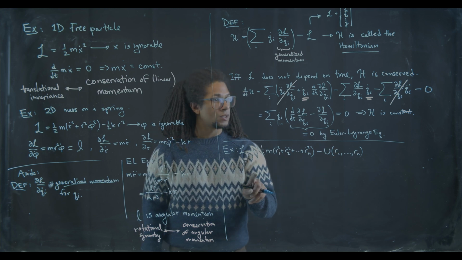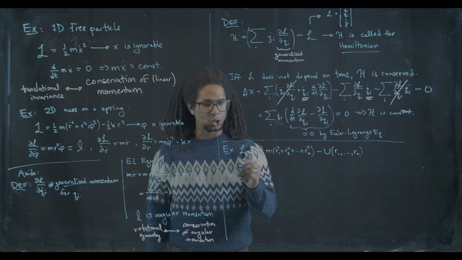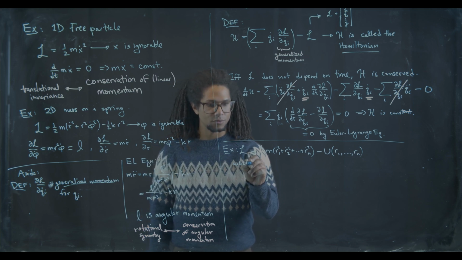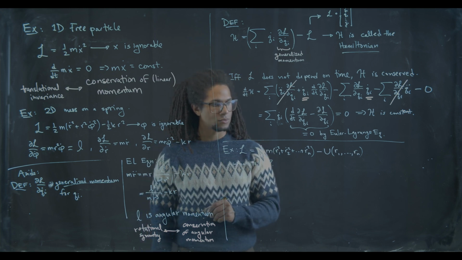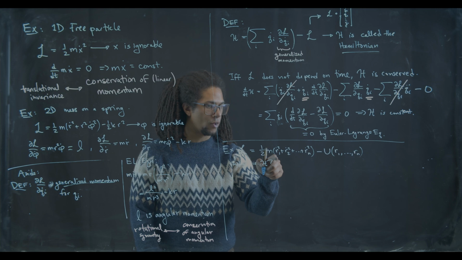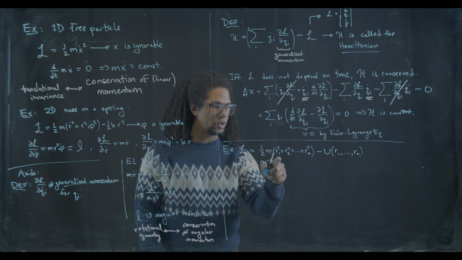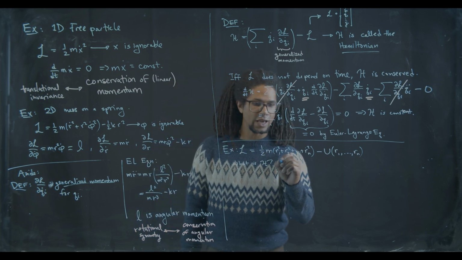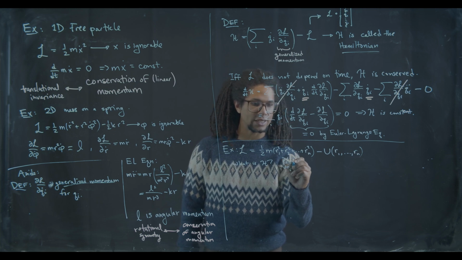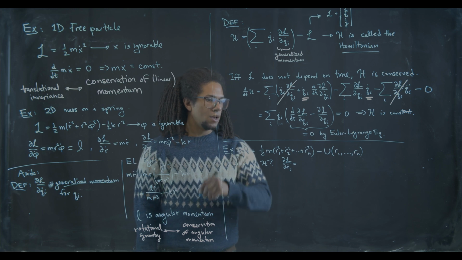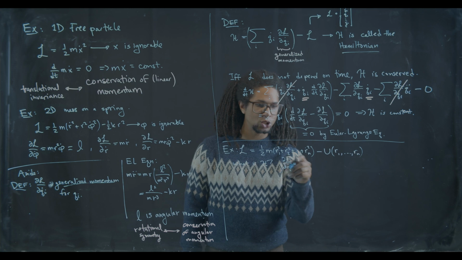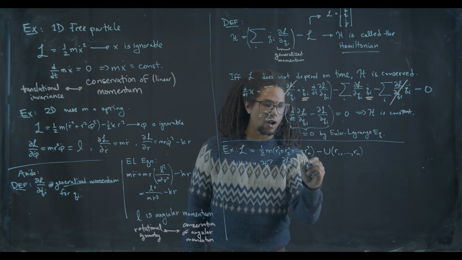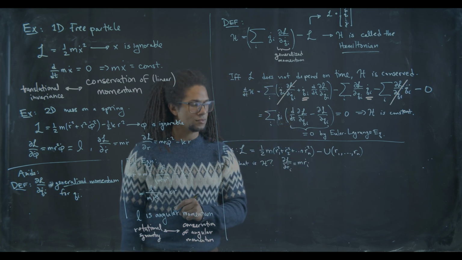All right. Now, in this case, what is h? Well, what I need to do first is figure out what the generalized momentum dL/dri dot is. In this case, the generalized momentum is just the linear momentum, m ri dot. Wonderful.